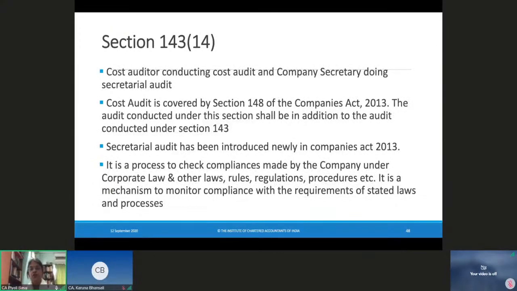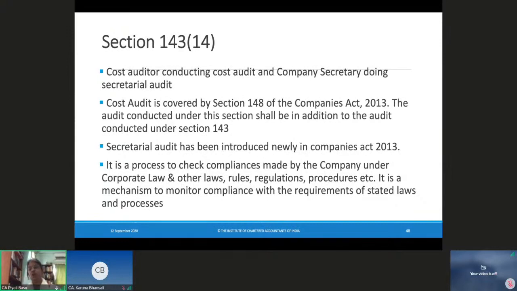A cost audit was there, but a whole lot of things are prescribed about who comes under the cost audit purview and who is supposed to maintain cost audit records and data. One has to keep in mind it is covered by section 148, and the audit conducted under this section shall be in addition to the audit under 143. So both have to be taken into consideration.